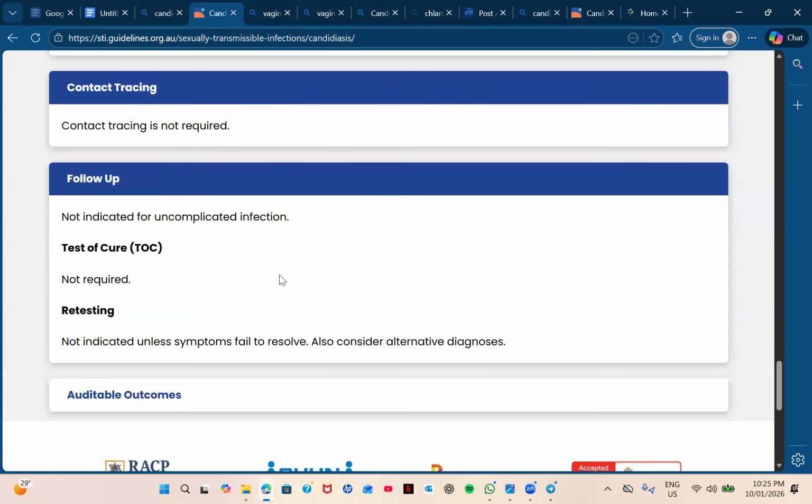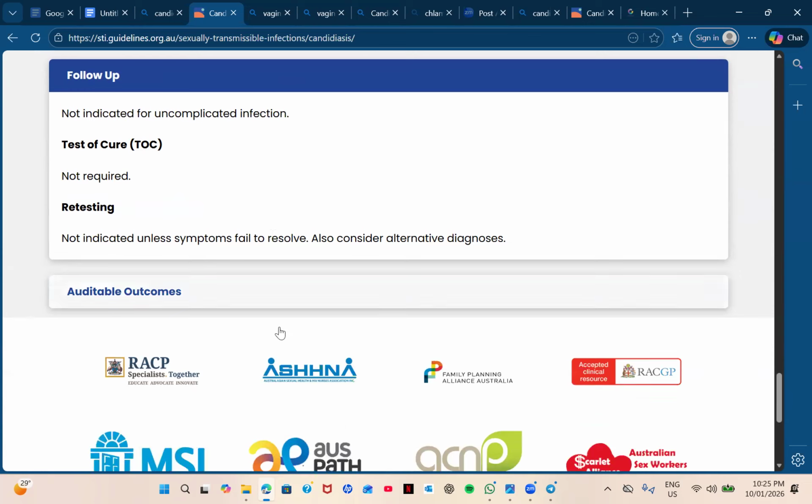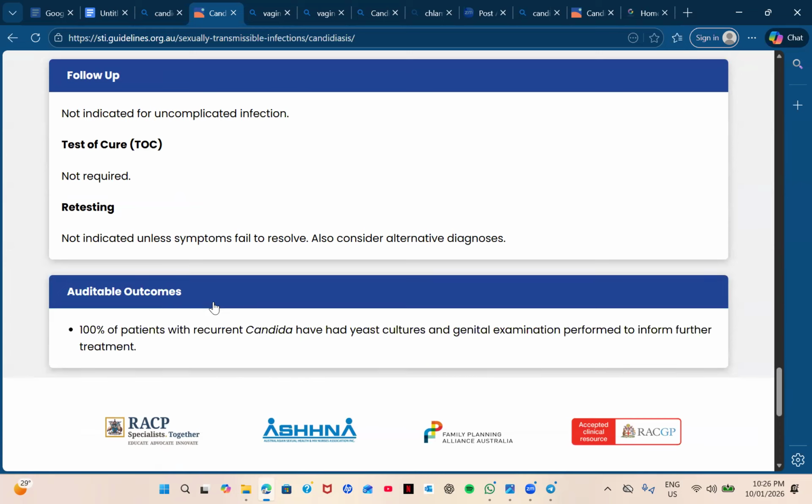Follow-up is not indicated for uncomplicated infections, right? Retesting is not indicated until symptoms fail to resolve or an alternative diagnosis is considered. And 100% of patients with recurrent candida should have yeast culture and genital examination performed to inform further investigation.